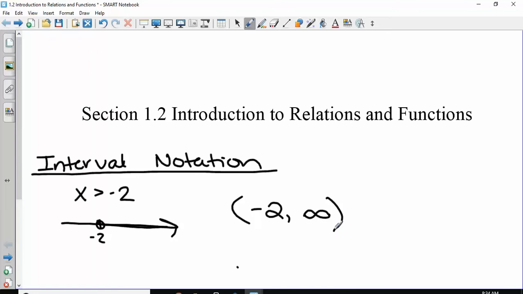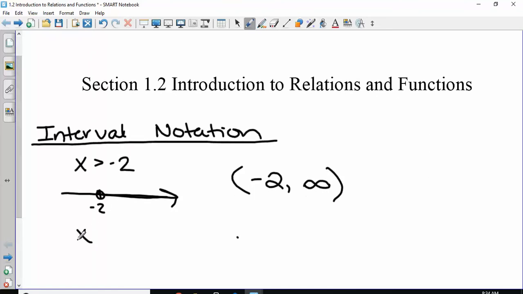If it's an equal to, like if I said x is greater than or equal to -2, that would fill in this circle. So we're still starting at -2, but this time you can equal -2, so the -2 gets a square bracket. You still can't equal infinity, so infinity still has a parenthesis. Okay, so parentheses are not equal to, brackets mean equal to.